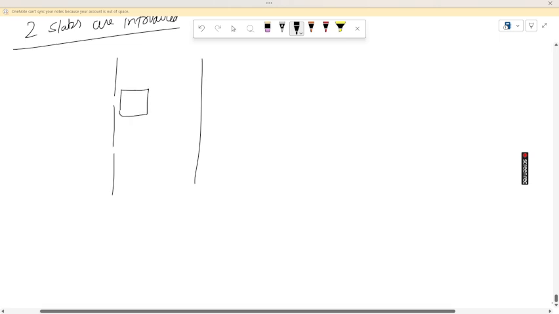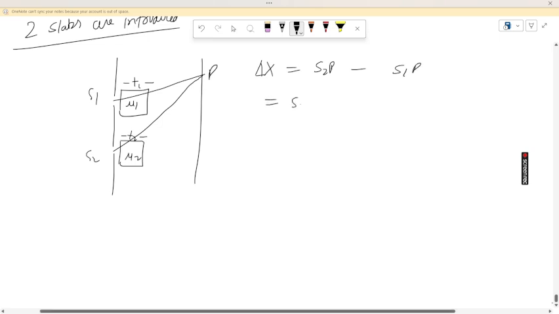Let's suppose this is mu1 with thickness t1, and this is mu2 with thickness t2. Now we have to calculate the path difference at P between S1 and S2. So I will write delta x equal to S2P minus S1P. Now for S2P, the path is S2P minus t2.